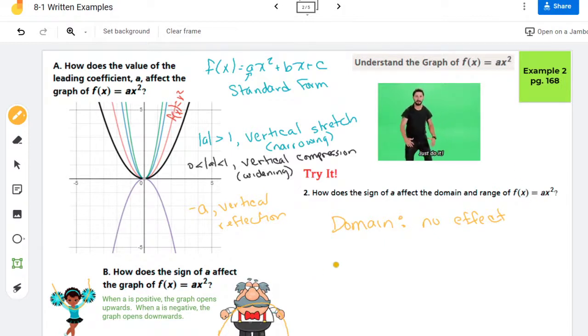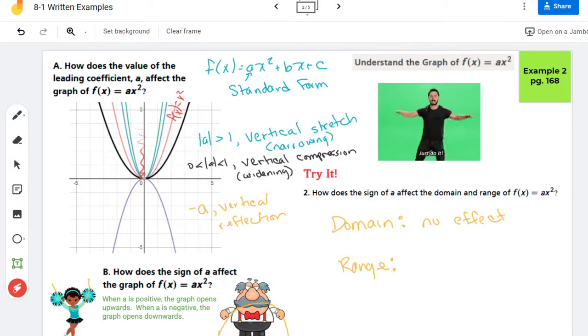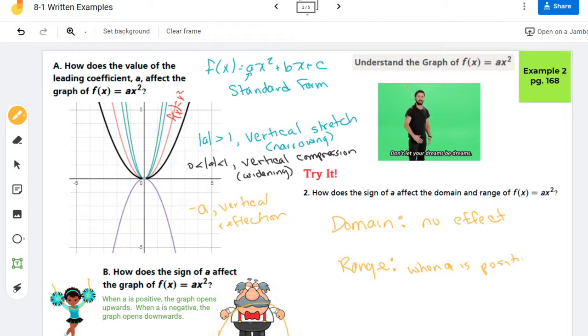All right? Let's talk about the range, though. The range is our y values. So when a is positive, we're on the positive y-axis. Okay, so I'm going to put that on there. When a is positive, our range is y is greater than or equal to 0.